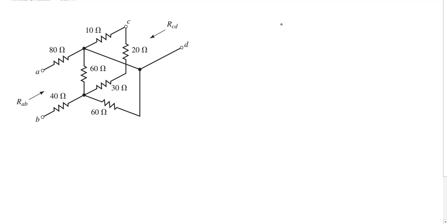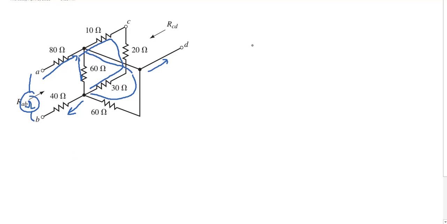We are trying to find the reading of this ohm meter now. Again, assume that there is a current going in, so this current is going here, it is going there, and there is a path for it to come back, and it can leave here. It has nothing to do there, but it will come back here, and it comes back to the end.